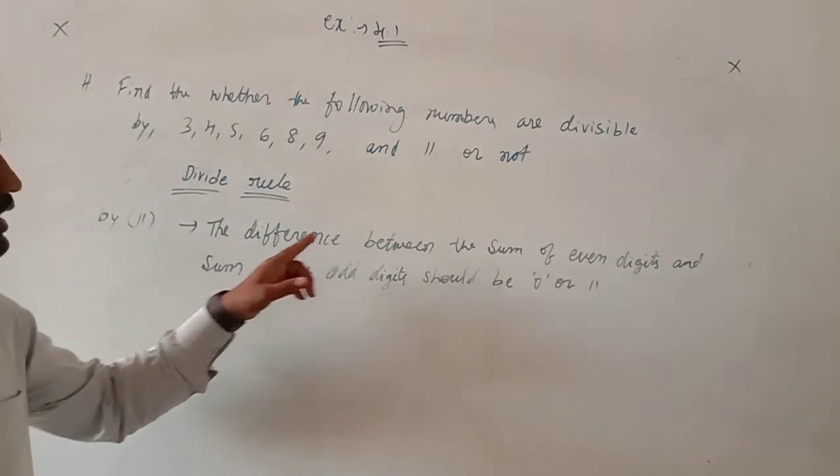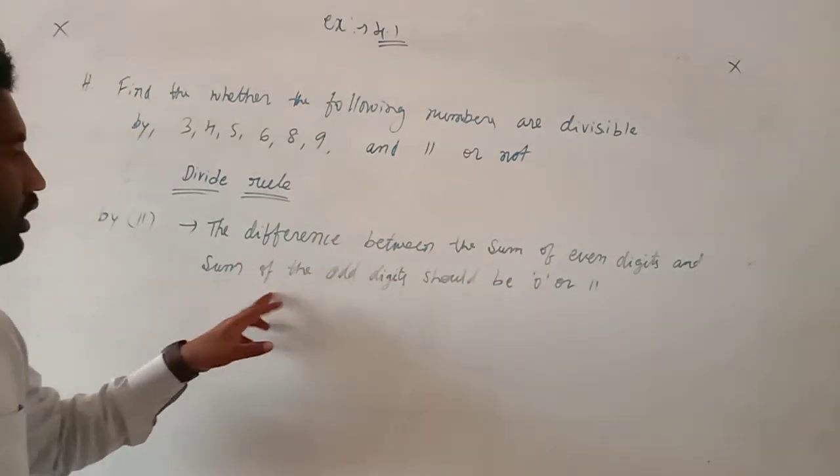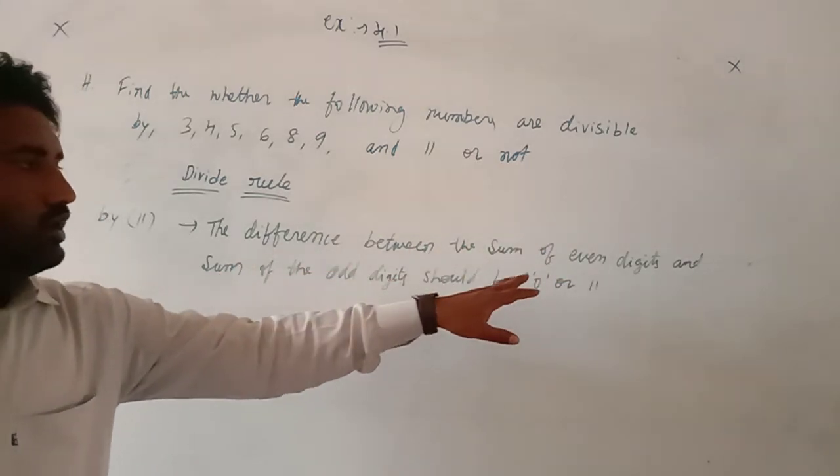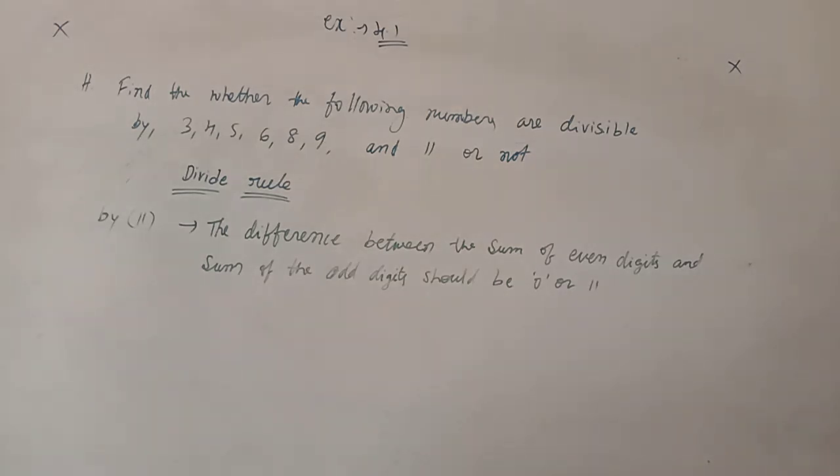The difference between the sum of even digits and the sum of the odd digits should be 0 or 11. Then the complete number is divisible by 11.